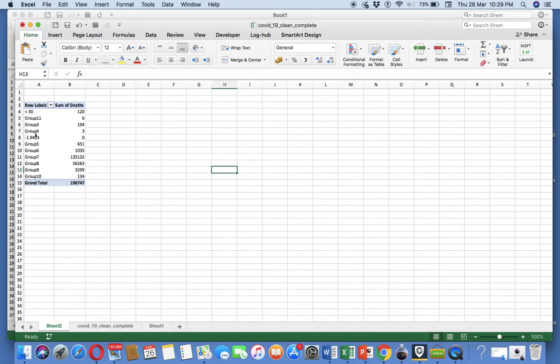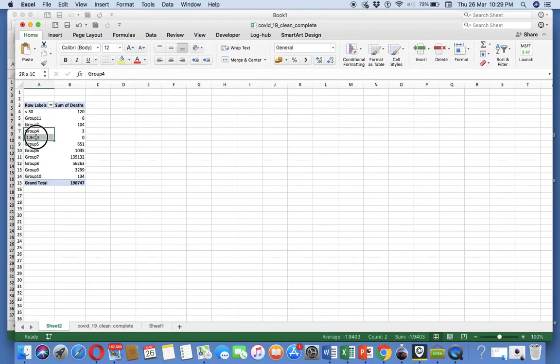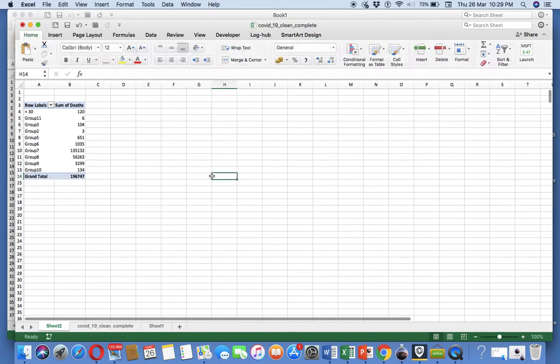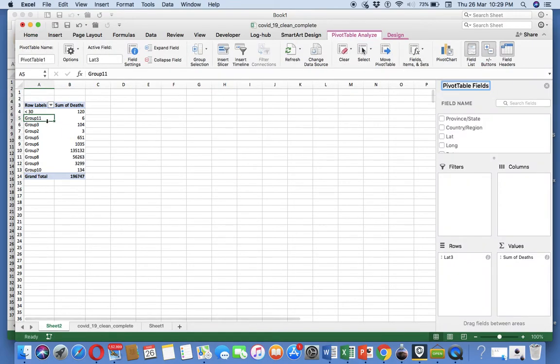most of the deaths, okay, it has not done too well. So this is group 11. Okay. From this we can conclude, so group 2 will come here.